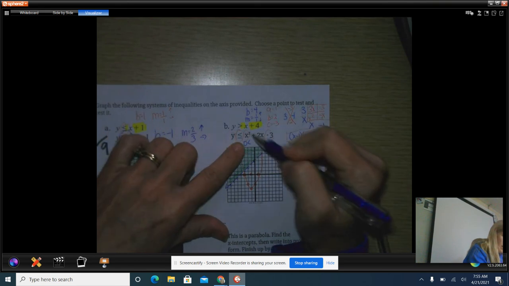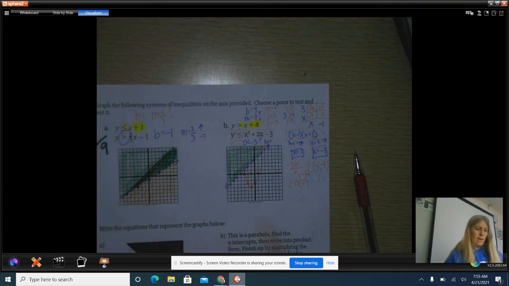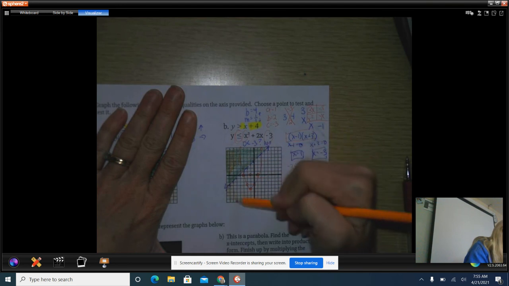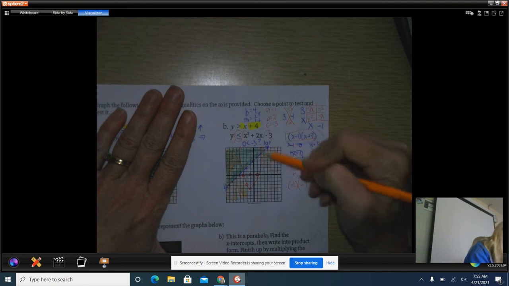I'm asking myself, is 0 less than 0 plus 0 minus 3, negative 3? And the answer is no. So that means that that middle portion should not be shaded. So we're going to go ahead and shade the outside of my parabola.